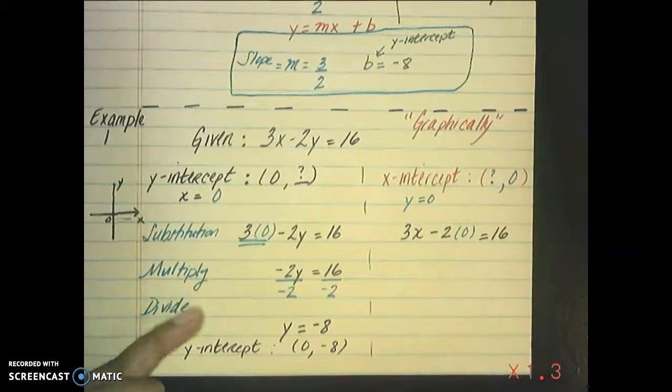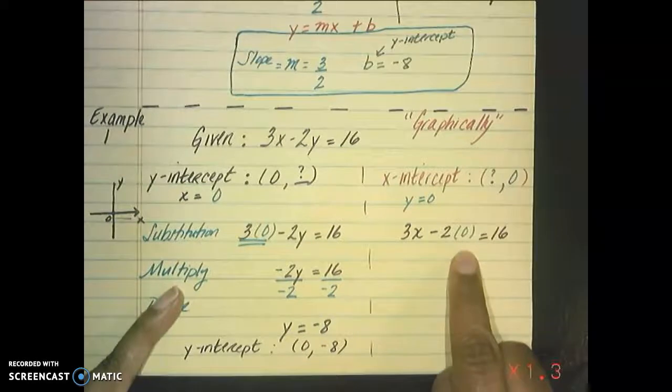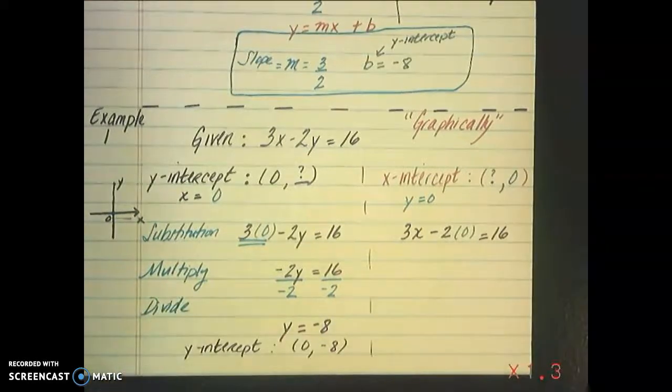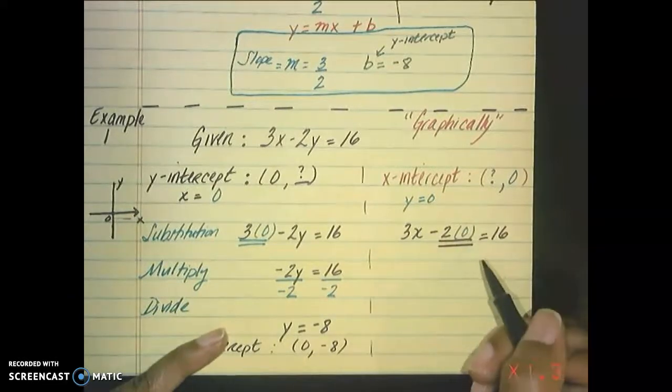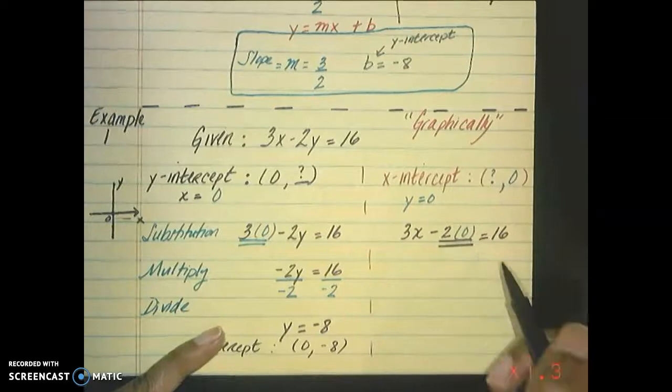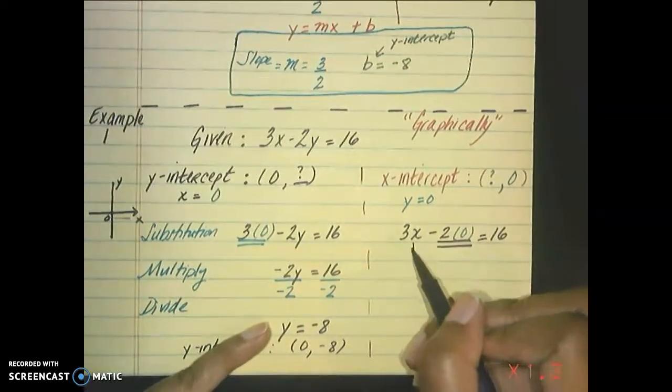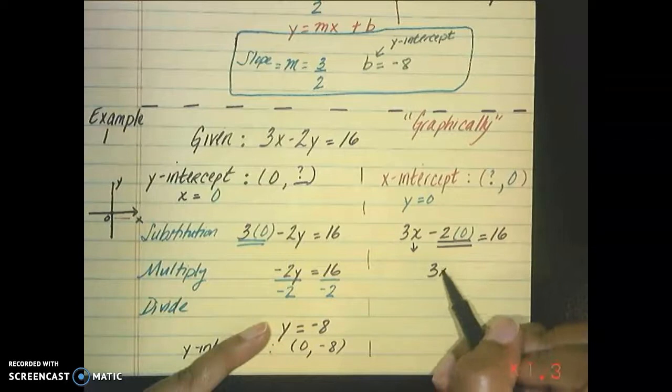And that's going to equal 16. Okay, so I substituted in the 0, so now I'm going to multiply. Here's the thing: 2 times 0 is just 0, and 0 times anything is just 0. So I'm going to bring this on down. I'm going to be left with 3x.